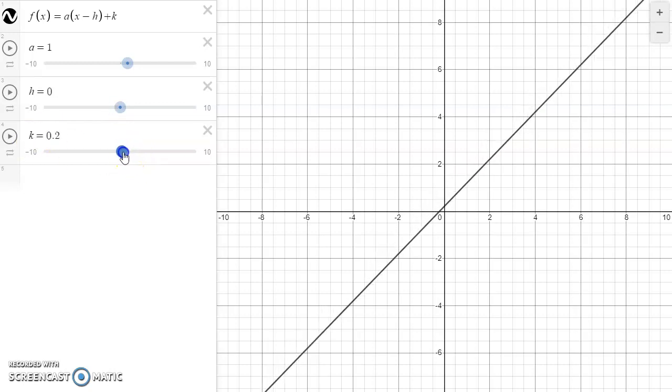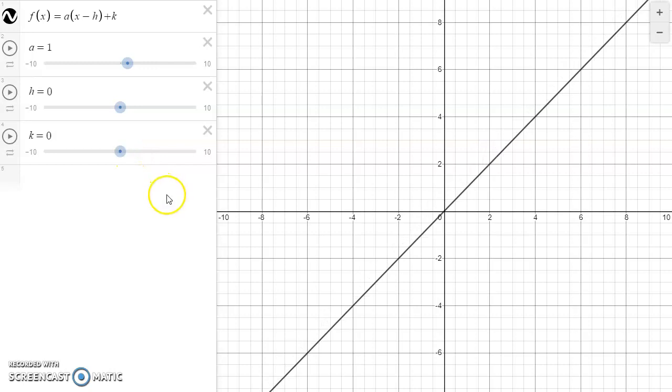Once I do that, then I am dealing with the linear parent function of y equals x. Okay, so if that's a 0 and that's a 0, then I just have y equals x. So let's take a look at this. From the parent function of a being 1, I mentioned to you a while ago that you're going to vertically stretch this line if I increase the number greater than 1. So I'm going to make a slider.